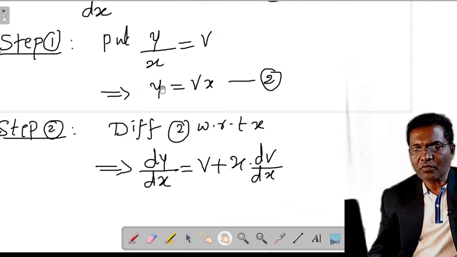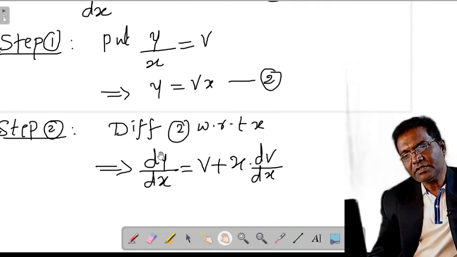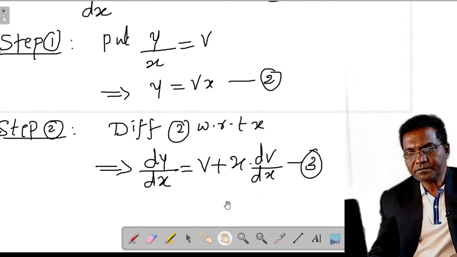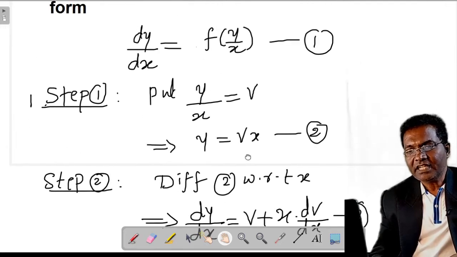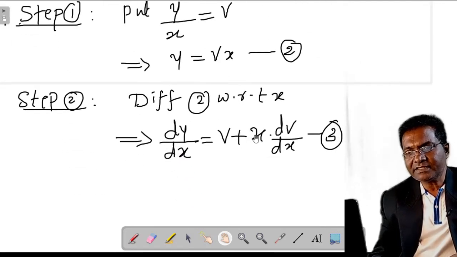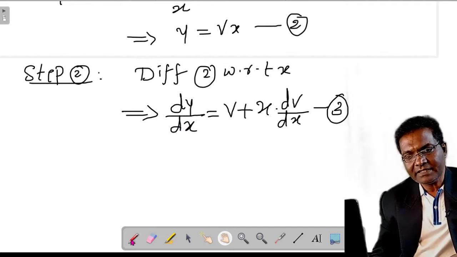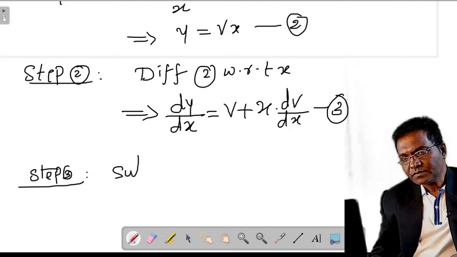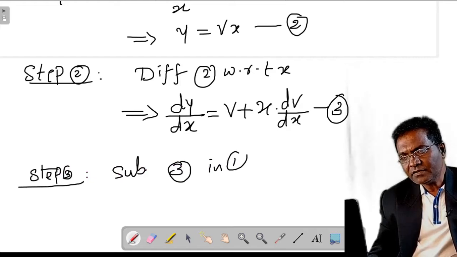With this substitution you obtain the value of dy by dx and substitute this in 1. In place of dy by dx, you have to replace this with v plus x dv by dx. So this is step 3. Substitute 3 in 1.